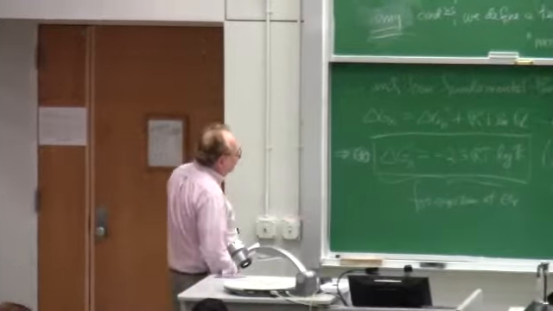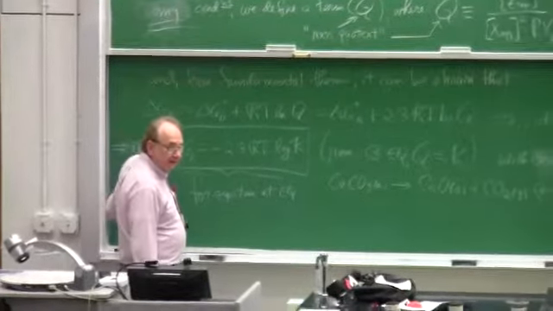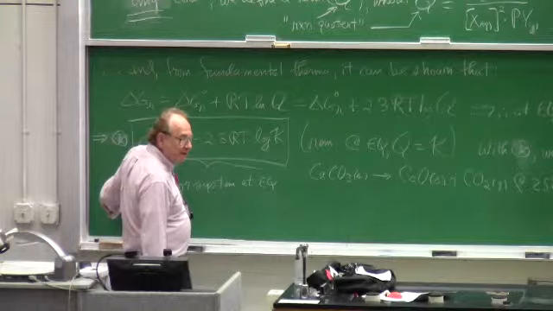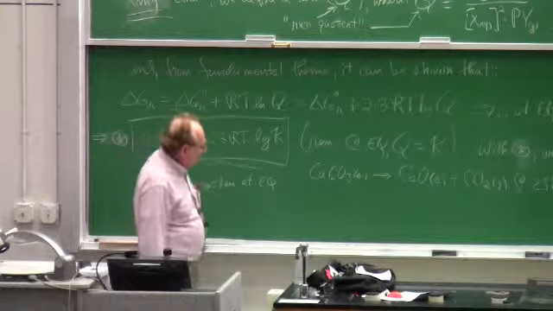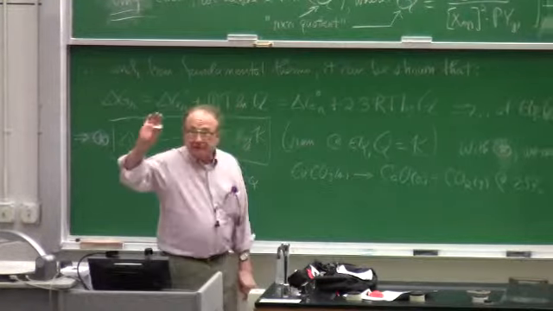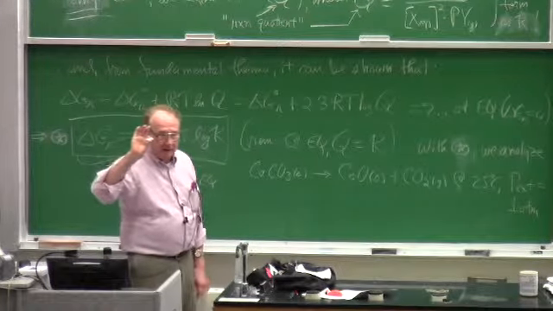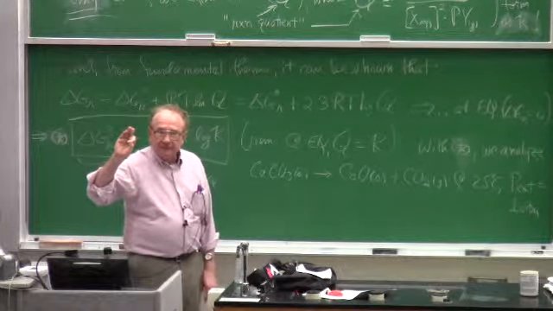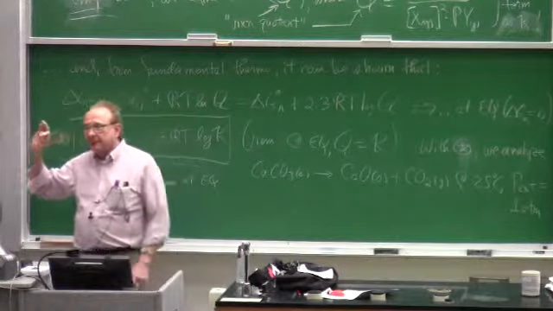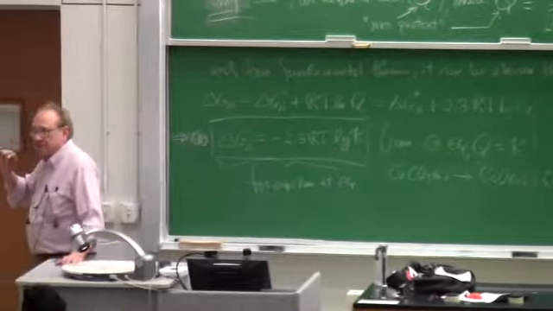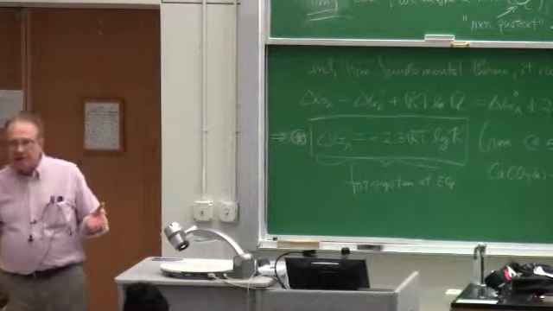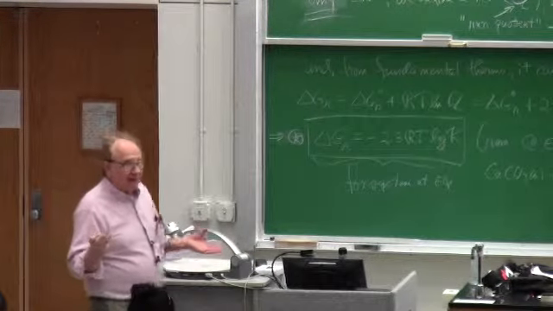So, let's see what we can do with this relationship. Let's see what information we can get from it of a practical nature. Well, let's go back to teacher's favorite stuff. Calcium carbonate. But this time, rather than consider calcium carbonate dissolving in water, because we've already done a great deal of analysis with that system, haven't we?